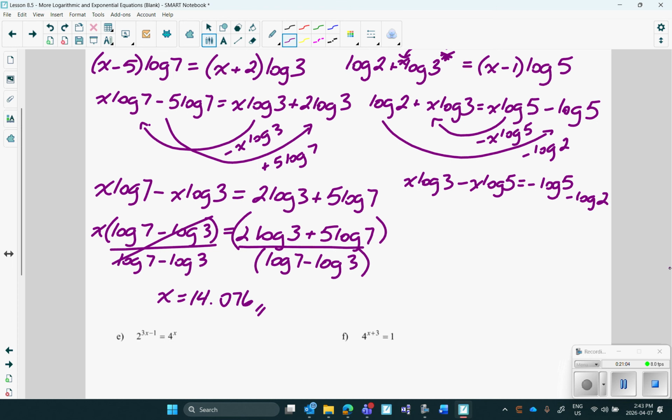So I've got the log terms with the x's on one side, and without the x's on the other side. GCF that x out, like so. And then divide both sides by this.